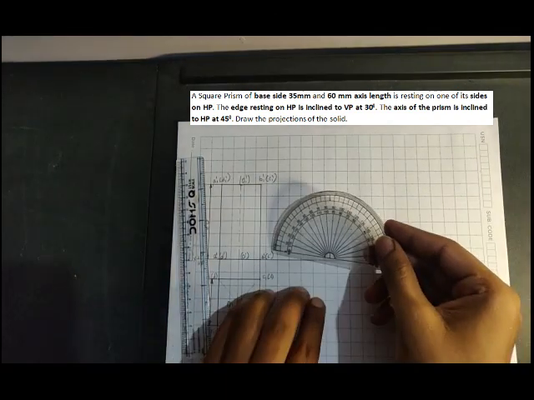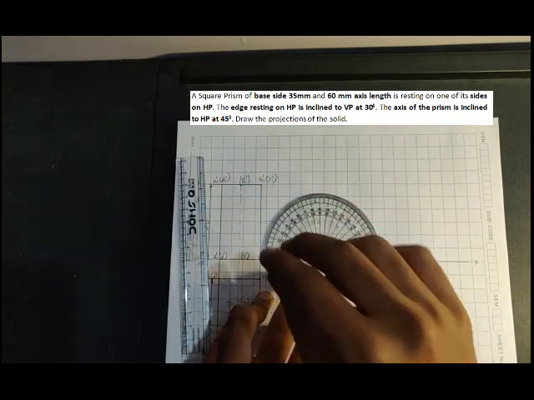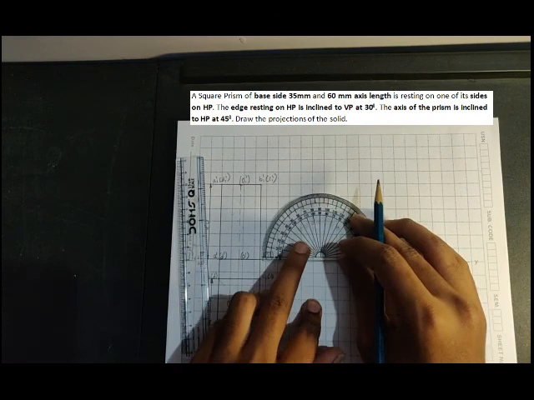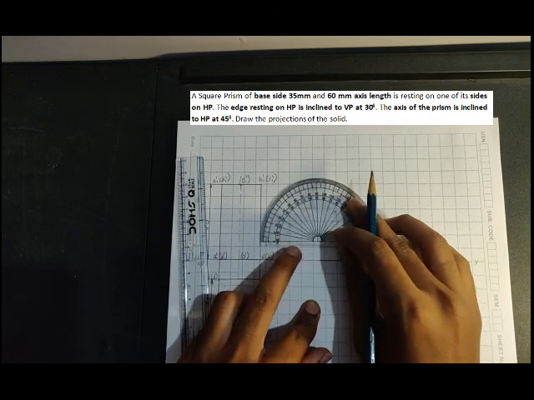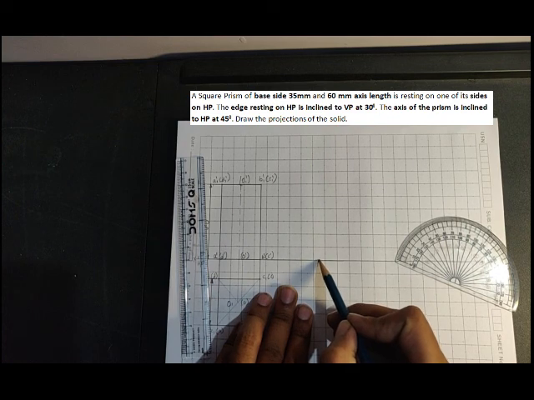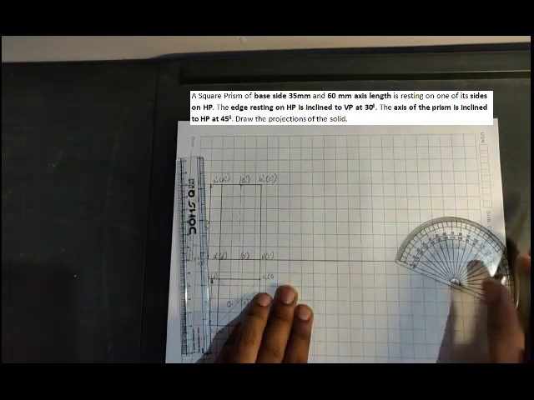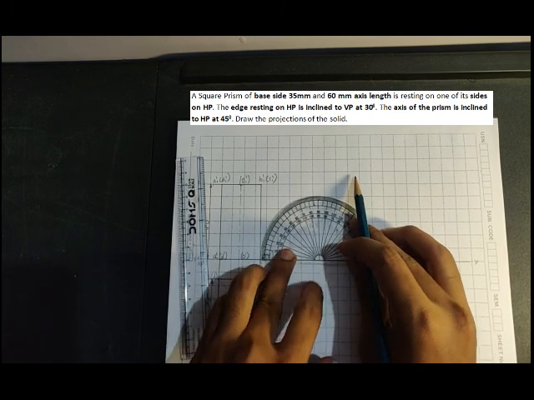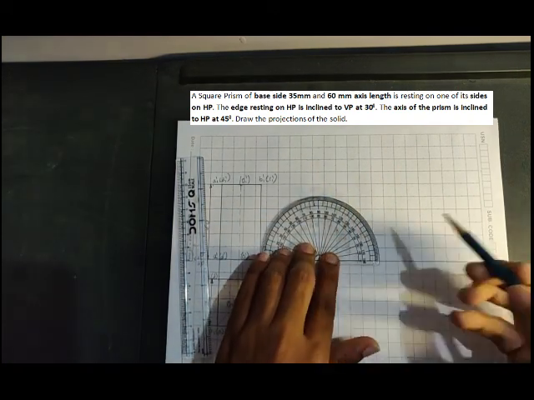Right. So what I'm going to do is find a convenient point here for me to project this prism. So I'm going to take some arbitrary point here, any point. So what is the angle given with respect to HP? That is 45 degrees.